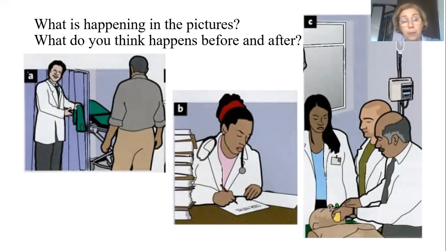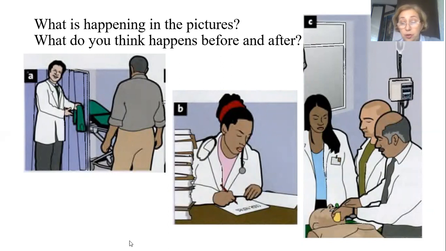This is like some medical clothes. Maybe he's asking the patient to undress and put on these clothes so he can examine the patient, to wear these clothes. Yes, right. Okay, well, great.